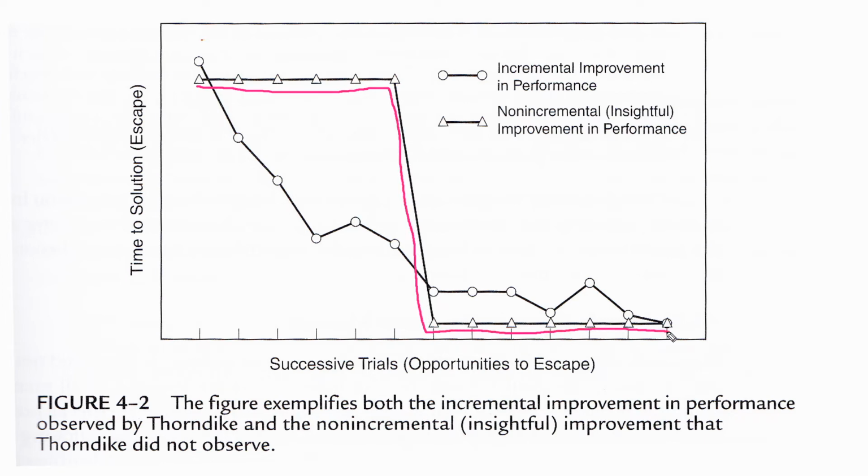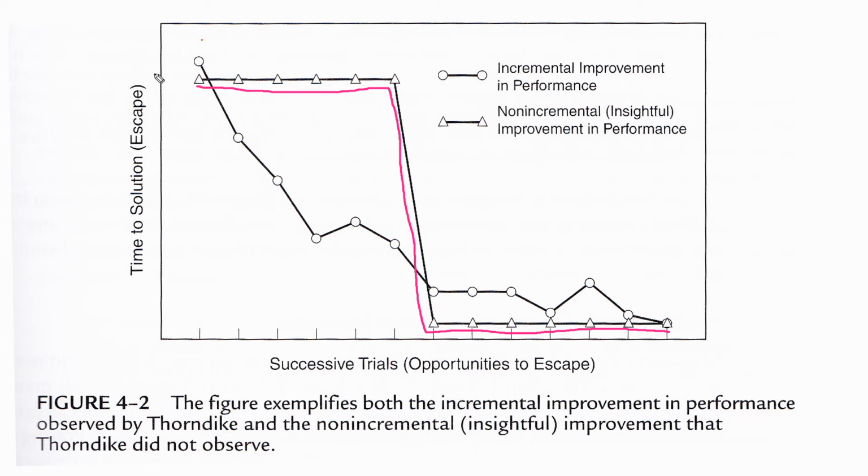So people thought that animals were showing insight, that they had sort of an aha moment when they were facing a problem and they would suddenly figure it out and then know what to do. And so if this insightful or non-incremental improvement was actually what was going on, then we would see that the cats would take a very, very long time to escape. They might not escape at all.